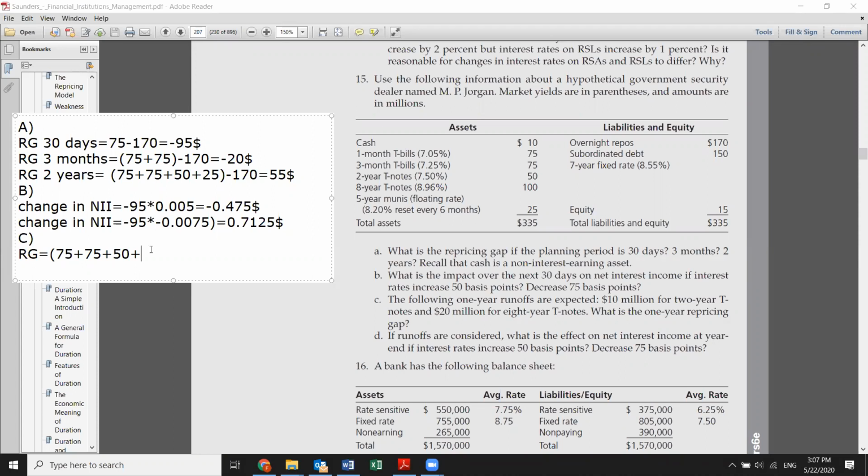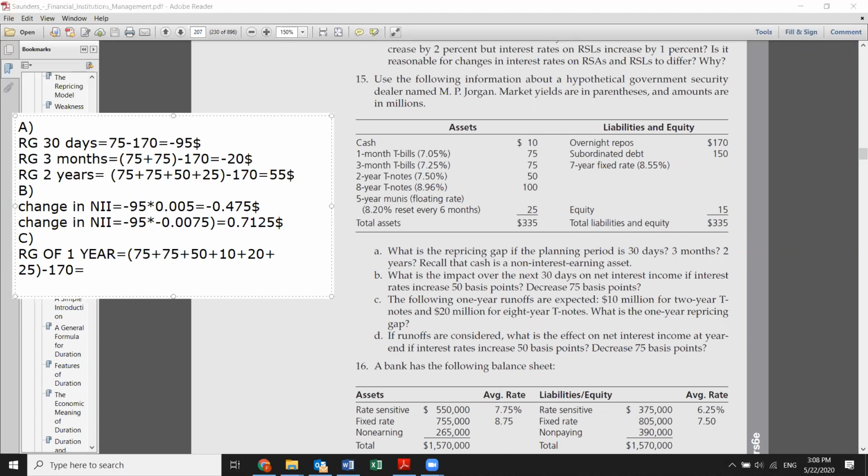We're calculating the repricing gap of 1 year: 75, 75, 50, plus these 2 years and 8 years T notes will be run off within the year, plus 10 plus 20 plus this 5 years municipality, which is repriced every 6 months, that is included in 1 year, 25 and minus 170. Is there any mistakes?